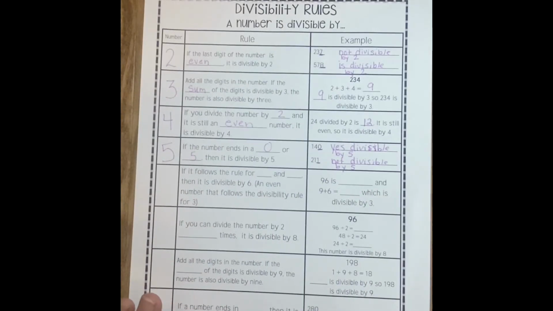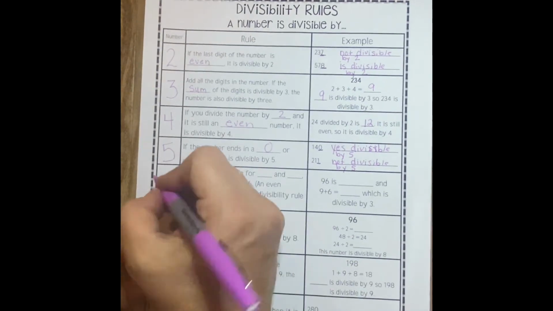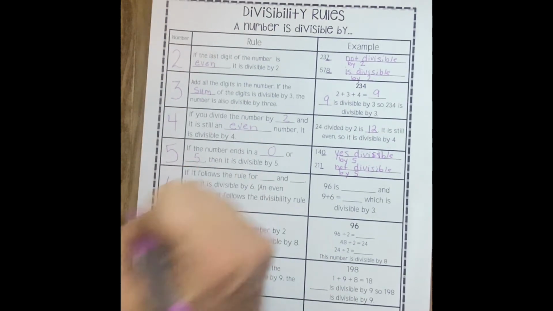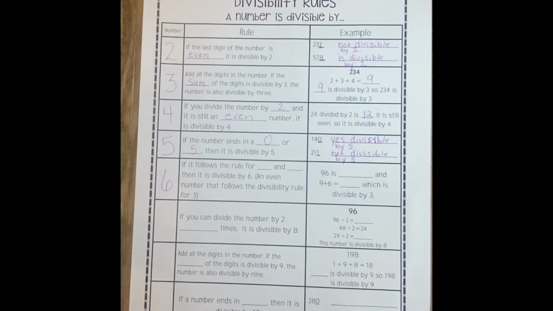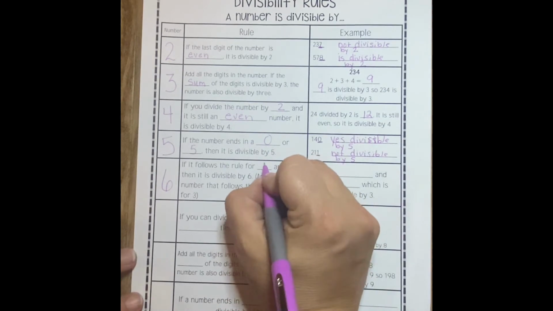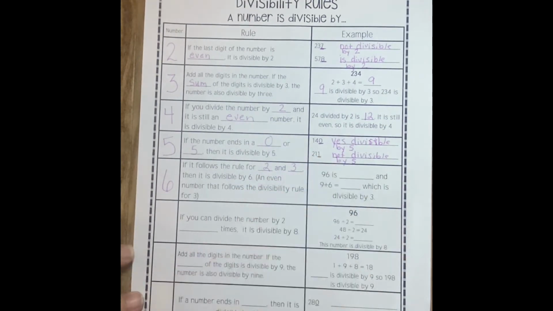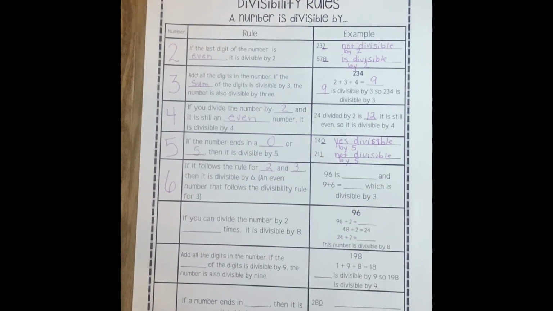All right. So the great thing about the rule for 6 is that the work is already done for me. Because 6 is a number that follows the rules of 2 other numbers that we've already done. So I ask myself, if it follows the rule for 2 and for 3, then it's also going to work for 6. But it must follow both of the rules.